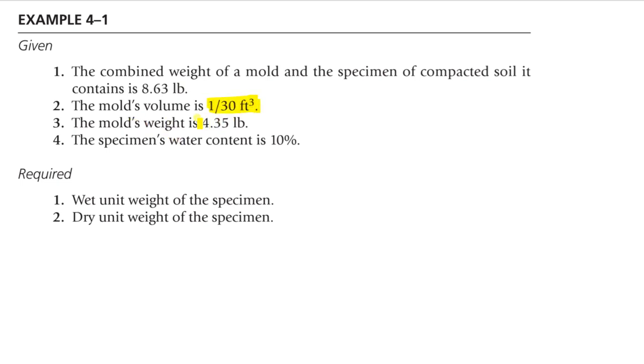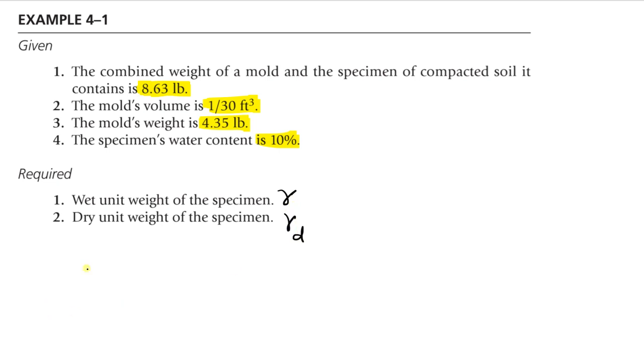The mold's weight is 4.35 pounds, and the combined weight of mold and the specimen compacted is 8.63. So the weight of soil plus mold is 8.63, weight of mold is 4.35, volume is given, and the water content of the specimen is 10%. So what we have to do is find gamma, and we have to find gamma D.